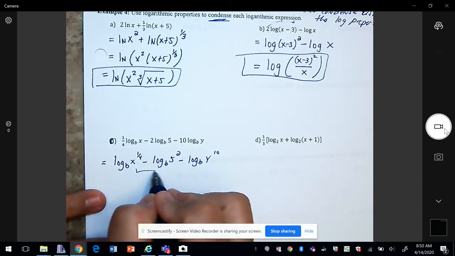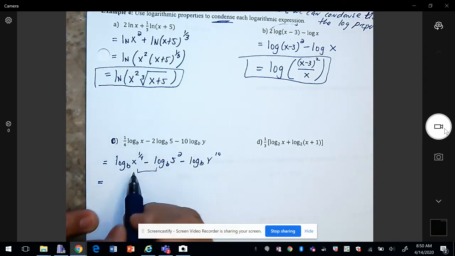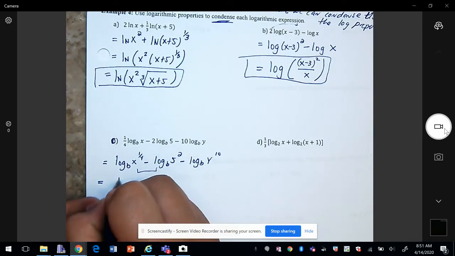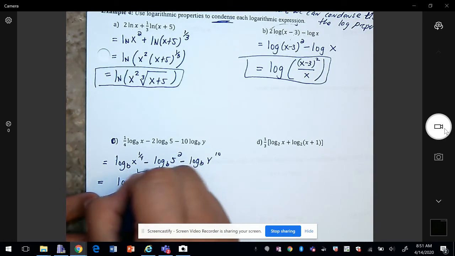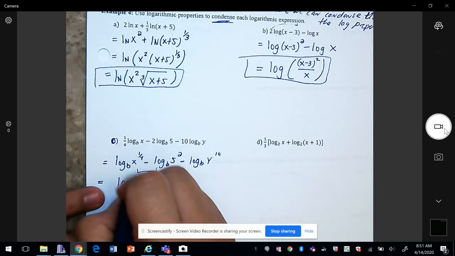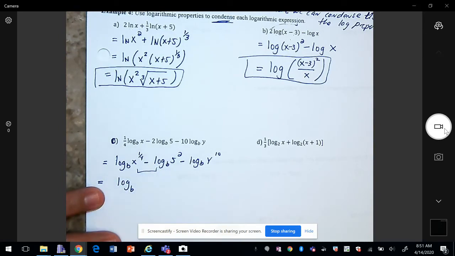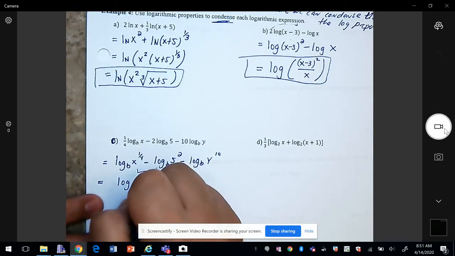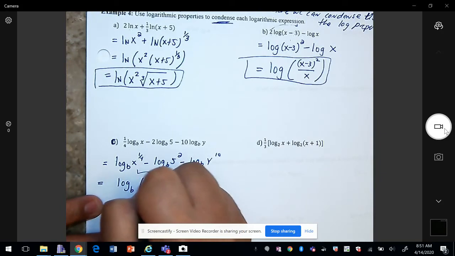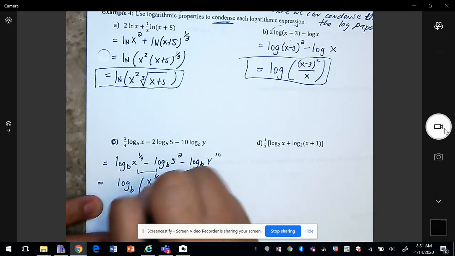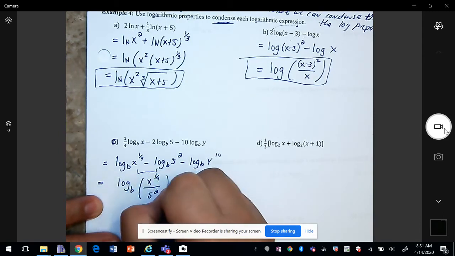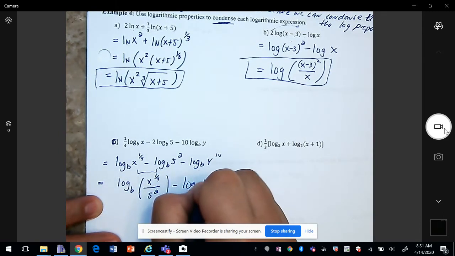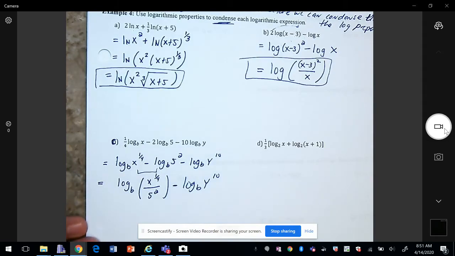So let's combine these 2 here. Since we have subtraction, then we can rewrite this as division using the quotient rule. So we're going to have log b of x to the 1/4 divided by 5 squared minus log b of y to the 10th power.